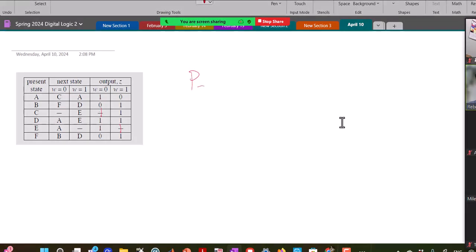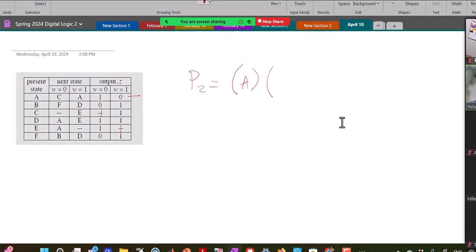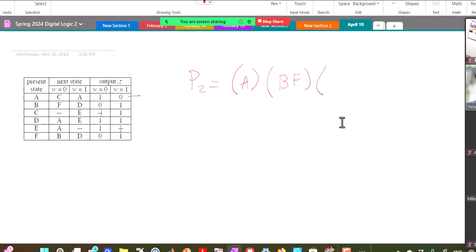And then our second partition would have our 1, 0 outputs, which is just A. Our 0, 1 output is B and F. And our 1, 1 outputs are C, D, and E.